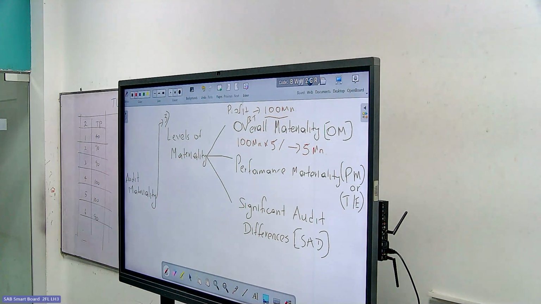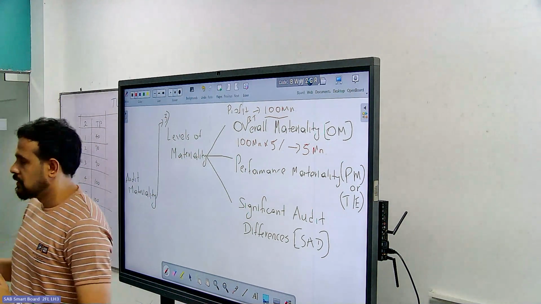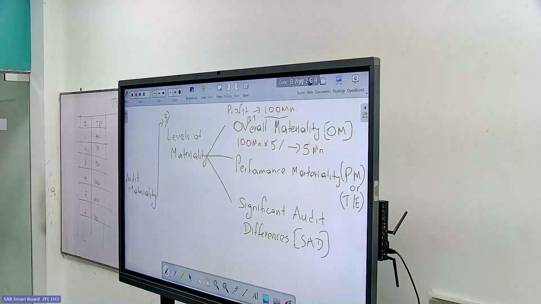Clear? So wherever the auditor says material misstatement, the word material to the public, that word refers to overall materiality. Clear? What are the situations in which auditors express their responsibilities to the public?